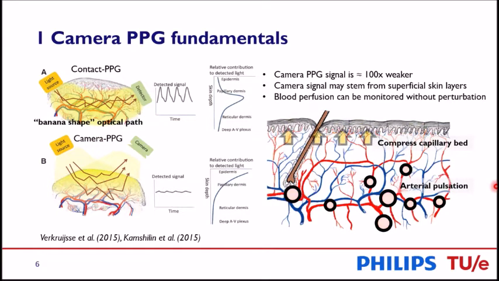And also there's a theory in our domain saying that the camera PPG is not only measuring the arterial pulsation, it may also measure the blood volume changes in the capillary bed. The reason is that when the blood volume is changing here, it will compress the capillary bed and change the blood volume there.